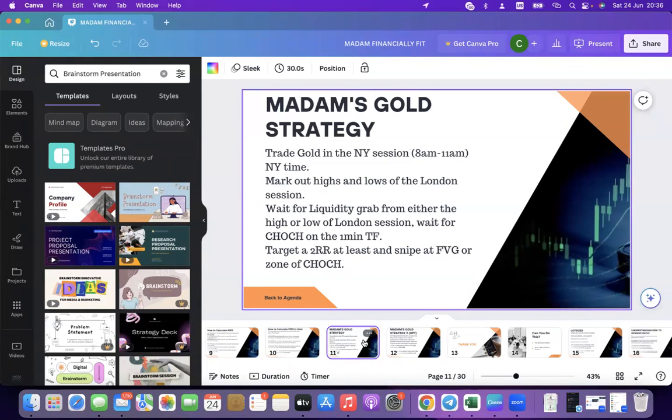I wait for a liquidity grab from either the high or low of the London session. I wait for a change of character on the 1 minute time frame. I target a 2RR at least and snipe at an FVG or the zone where there has been a change of character. Don't worry, I will show you everything inside there.